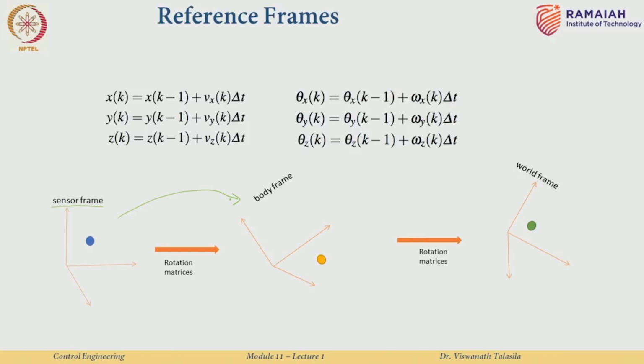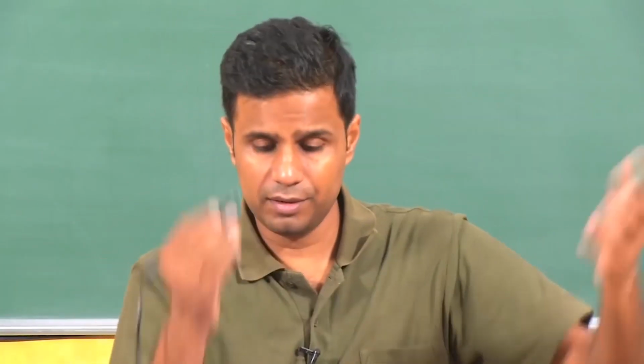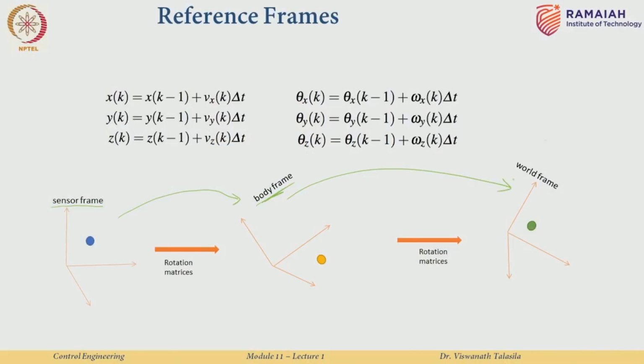We do not care what the sensor is experiencing really, we care what the aircraft is experiencing, specifically the movements. So, we transform the sensor measurements into the coordinate system of the aircraft or the robot or the human being who is walking. Once you are in the body frame, of course, your body coordinate system is different from his body coordinate system. So, you need to now transform it into the standard reference frame.